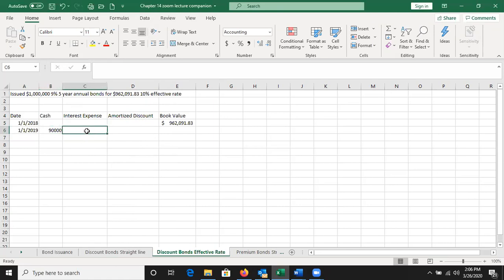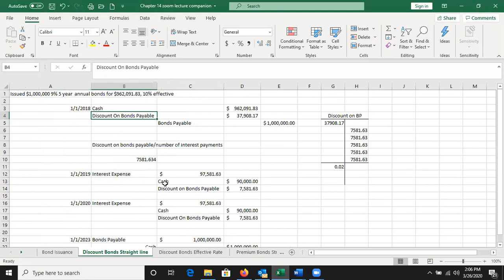The interest expense under this method, we do calculate. So in the straight line method, we basically filled in the blank in the journal entry. We calculated cash, we calculated the yearly straight line amortization, and then we combined them to get interest expense.